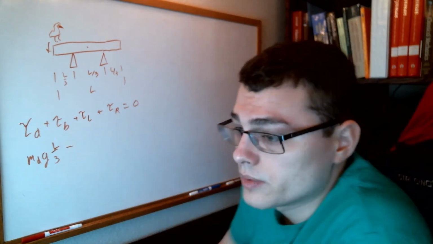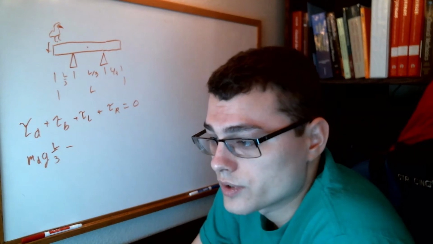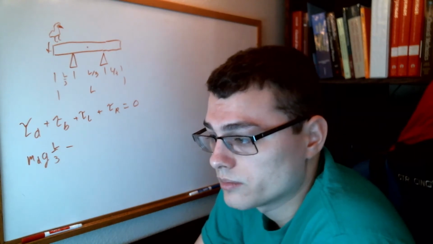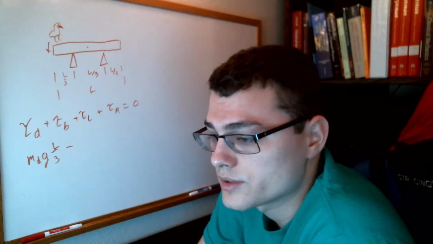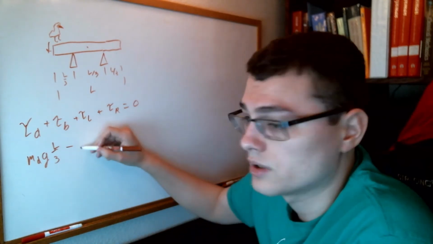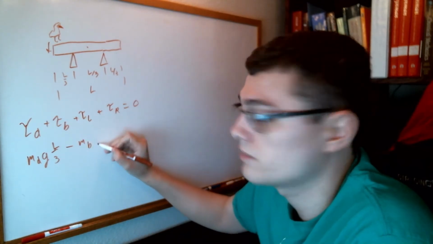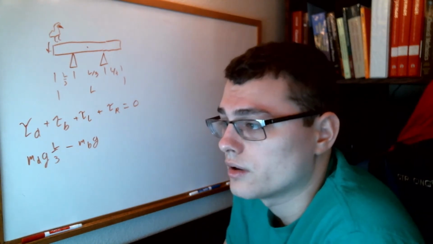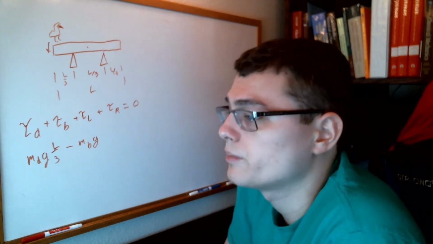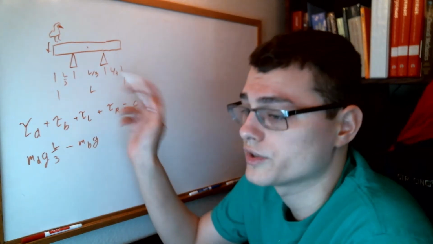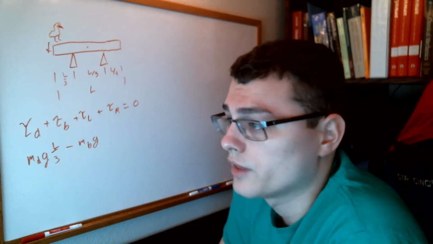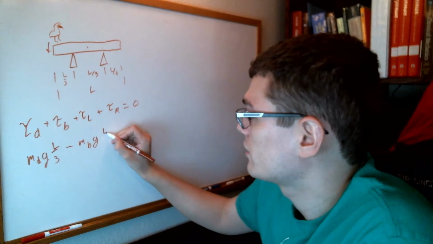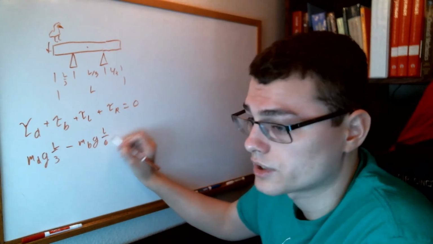So then the beam, this is going to be the earth acting on the beam, so this is just going to be mass of the beam times G, and then this center part of the beam here is going to be 1/6 from either of these pillars, so we can just write that as L over 6.